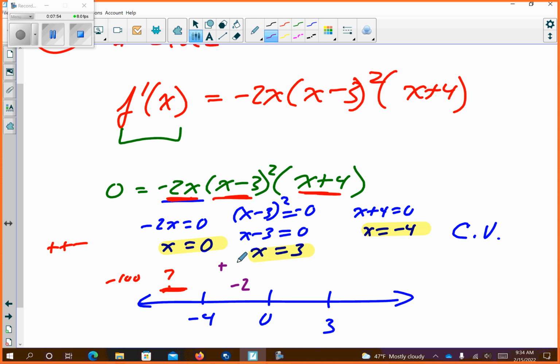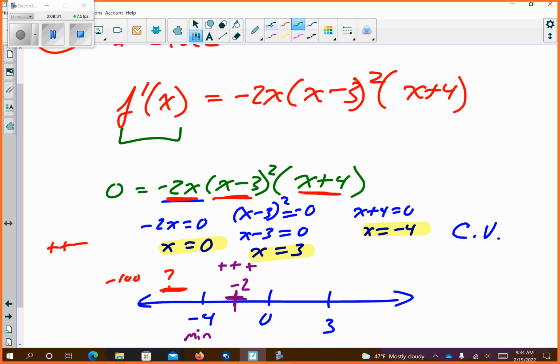A negative squared is? Positive. And then if I take -2 and plug it in, -2 plus 4, does that give me a positive or negative answer? Okay, so positive times positive times positive is? Okay, so this region here is a positive region. So we can say that -4 is a local min because I went from negative to positive. So this would have been a min.